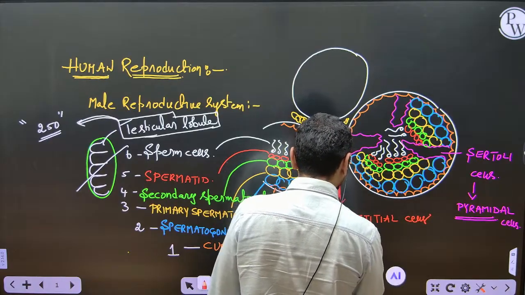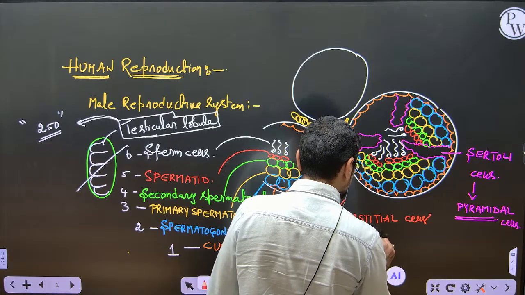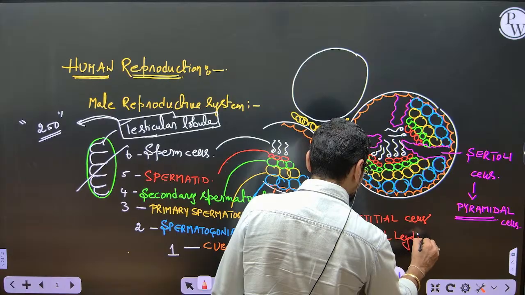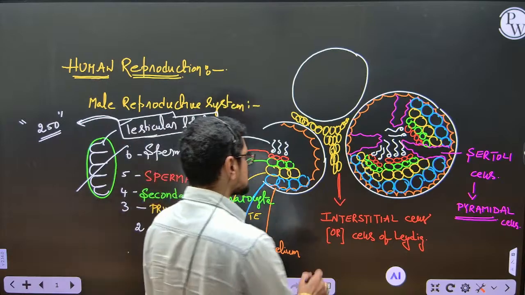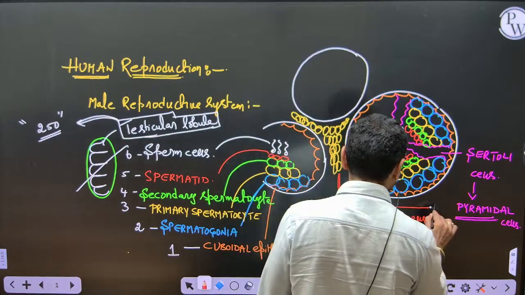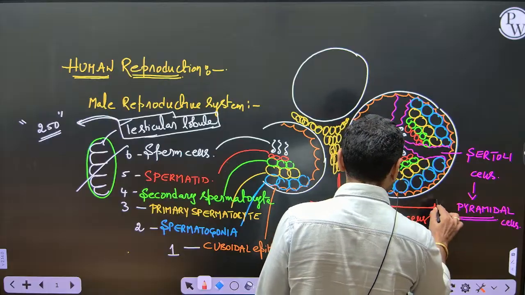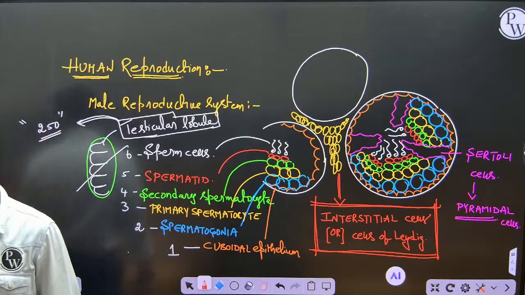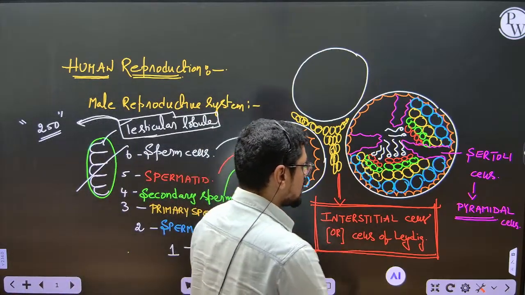Interstitial cells are also called cells of Leydig, LEYDIG. Okay, interstitial cells are also called Leydig cells. Leydig cells are present. What is the basic function of Leydig cells?